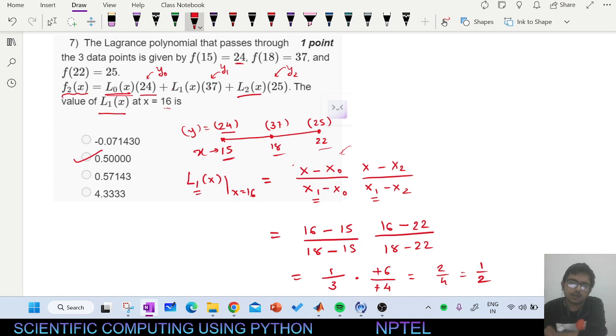Right, correct. One way you can think is x minus x0. So our x is somewhere here, right? This is 16. So x minus x0 is this distance, divided by this distance. So this gives one fraction, the fraction over this first length where the x is. And the second one is x minus x2 upon x1 minus x2. So x minus x2 is this one upon x1 minus x2, which is this one.